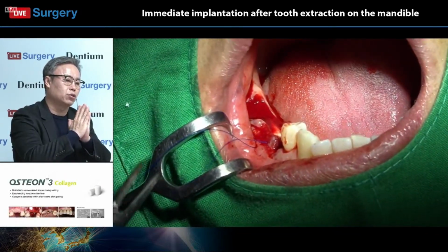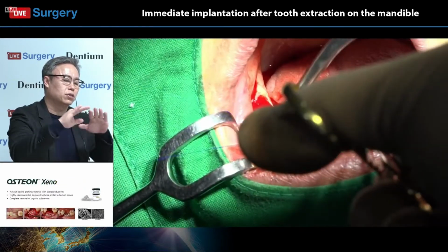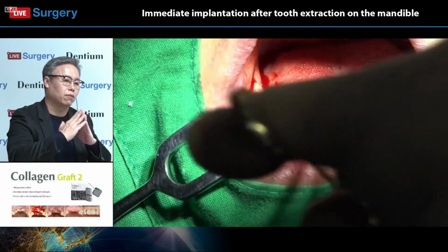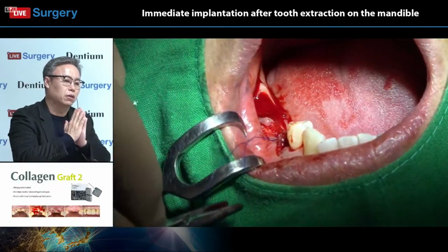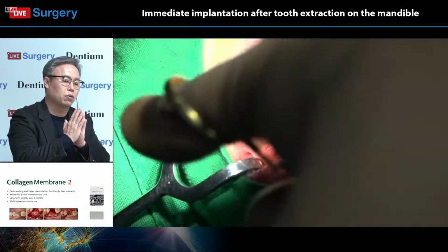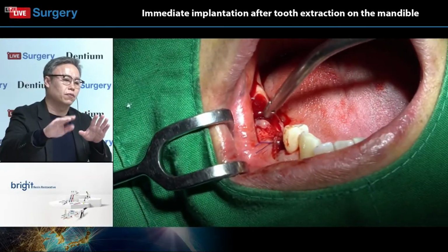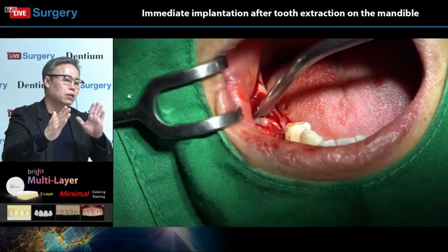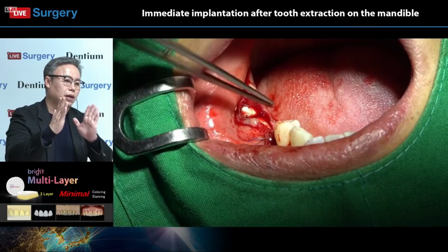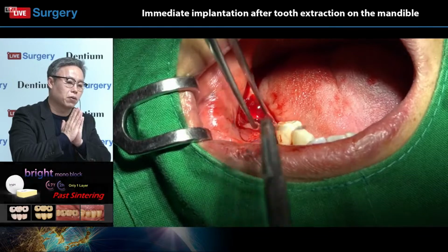The contact area should be wider. So if you use just the interrupted suture, this is just a point between the lingual flap and the buccal flap. But if you use the matrix suture, I think vertical matrix suture or horizontal matrix suture, there are two surfaces, the surface from the lingual side and the surface from the buccal flap, and they contact each other. So the contact area becomes wider.